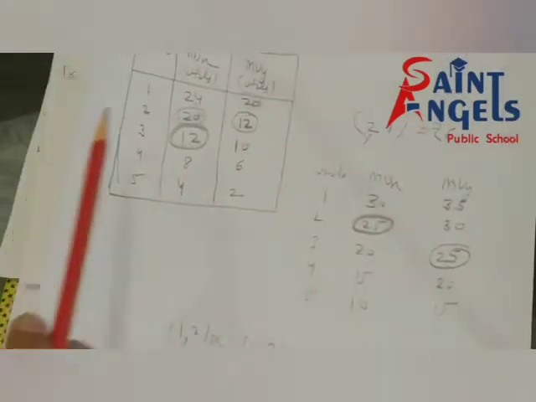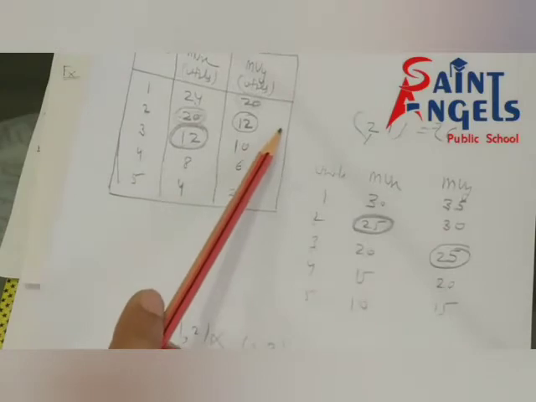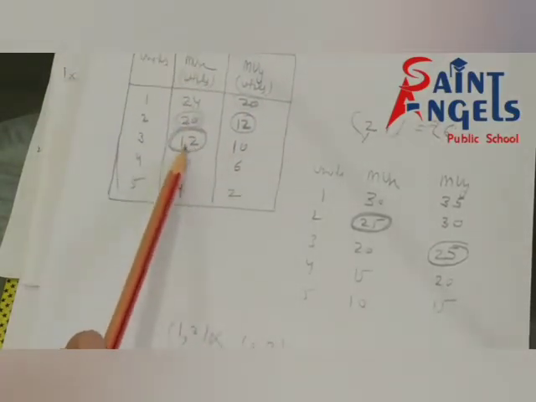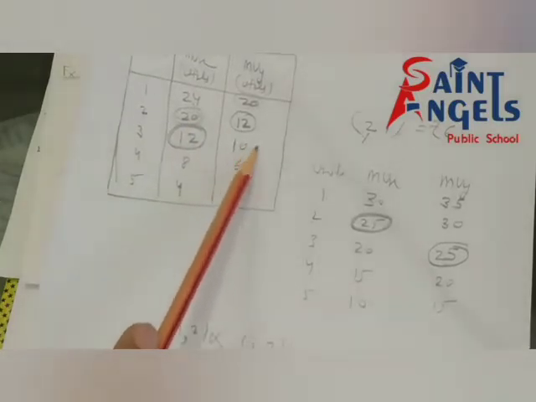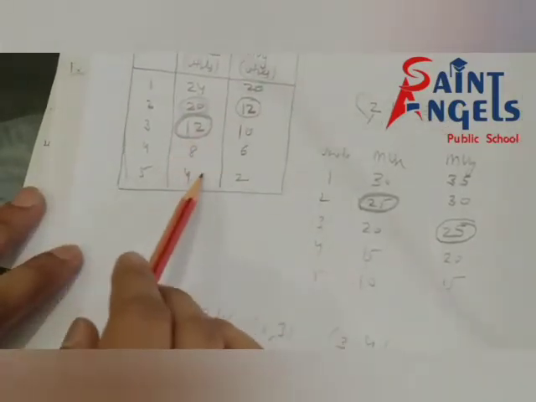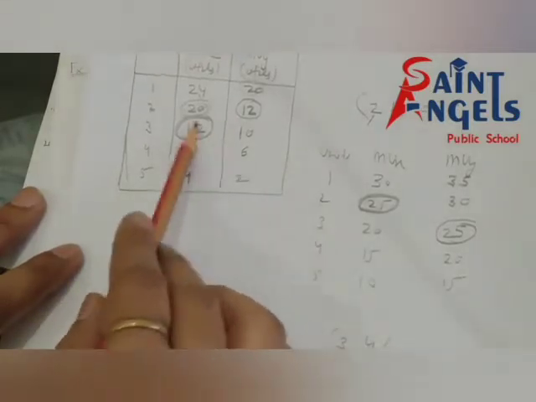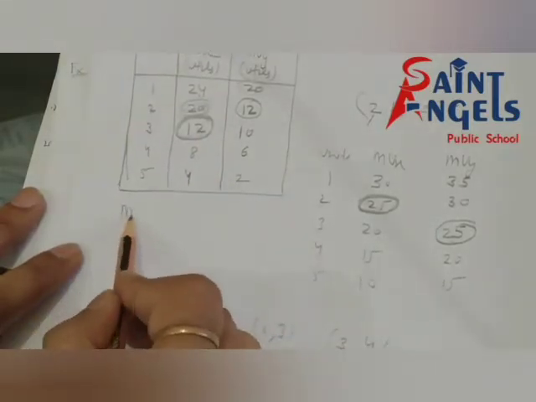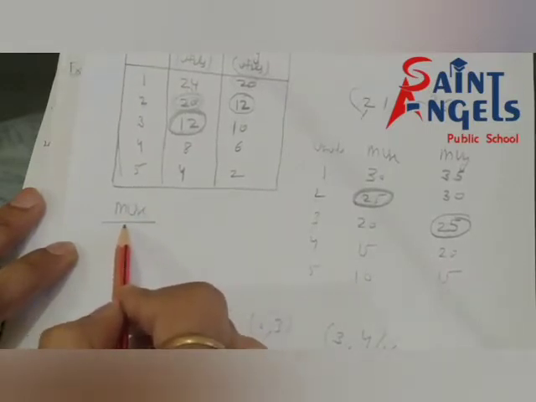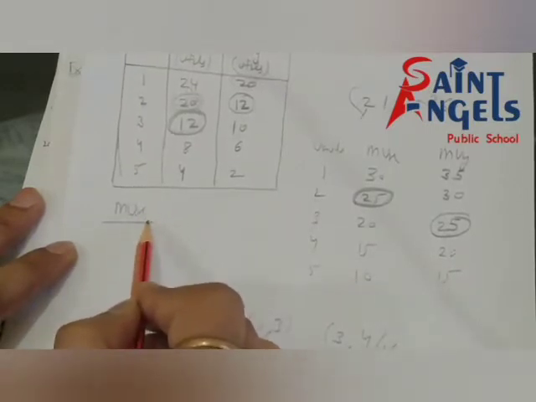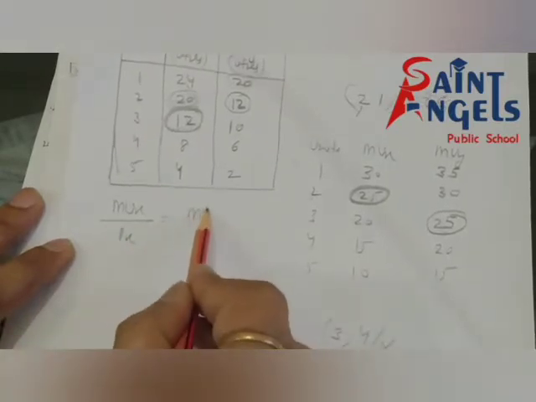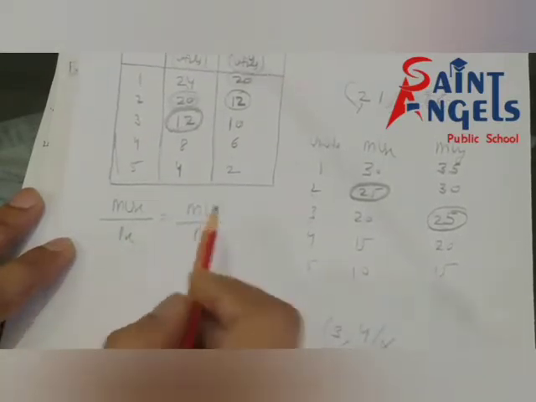Now how can we make this type of table to show the concept of consumer equilibrium? See the proof of this table. We know the condition of consumer equilibrium in case of two commodities: MUx upon Px is equal to MUy upon Py.